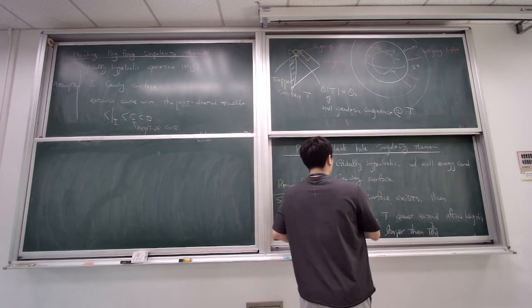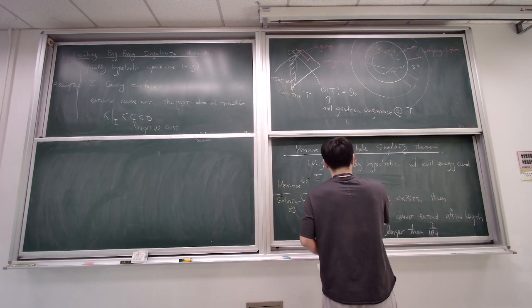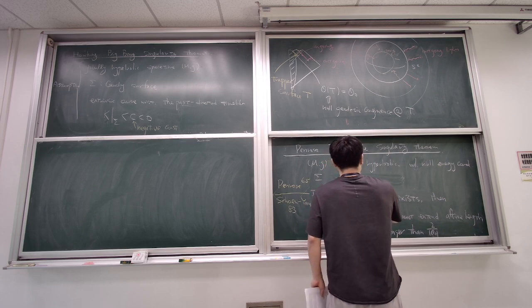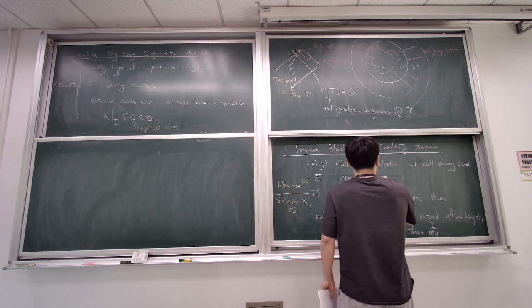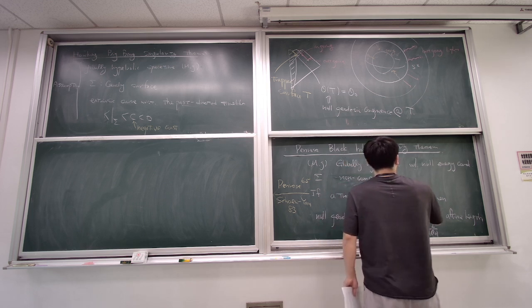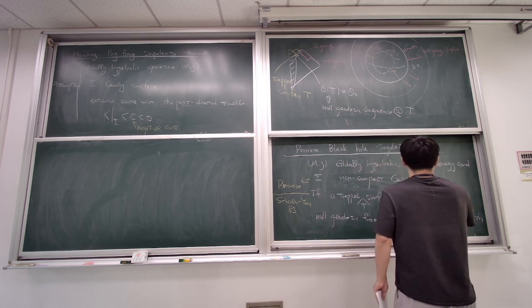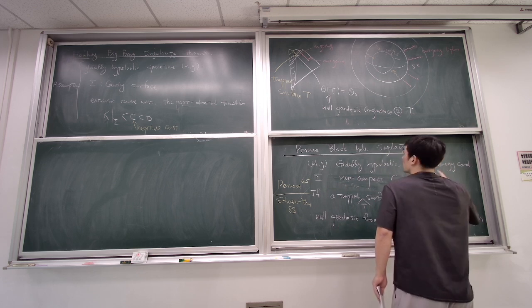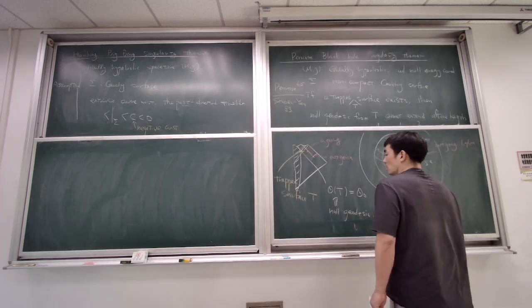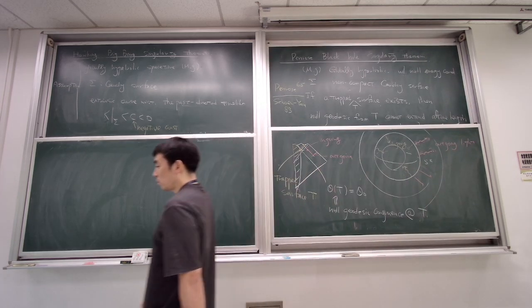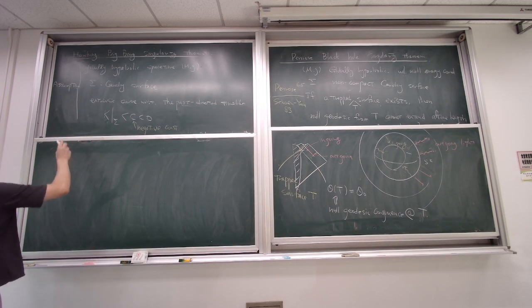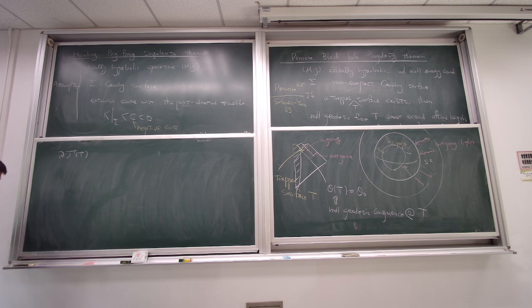Non-compact Cauchy surface. This is important. I will show the proof. First of all, we consider the boundary of J plus of T.